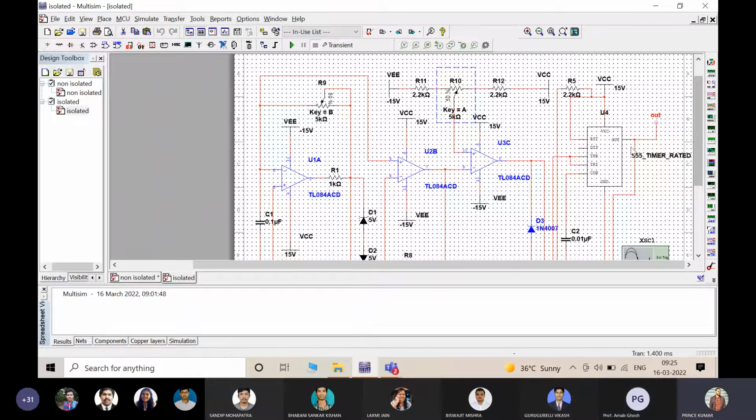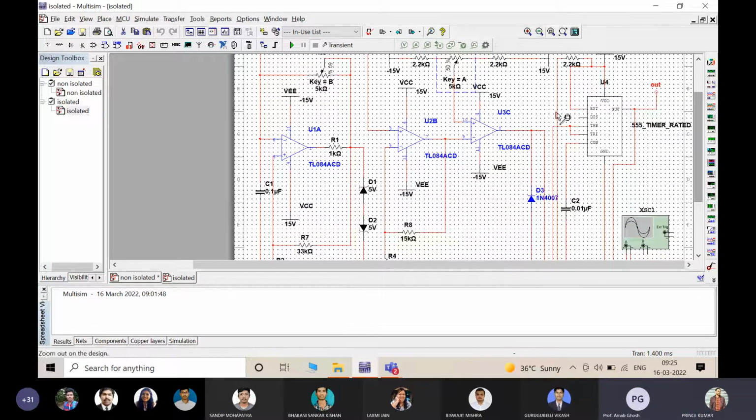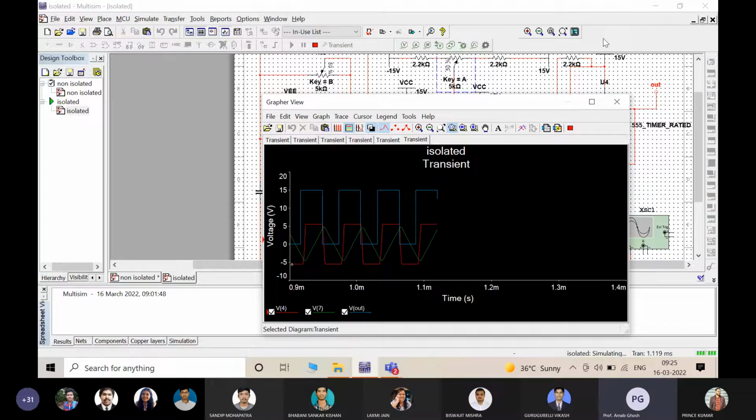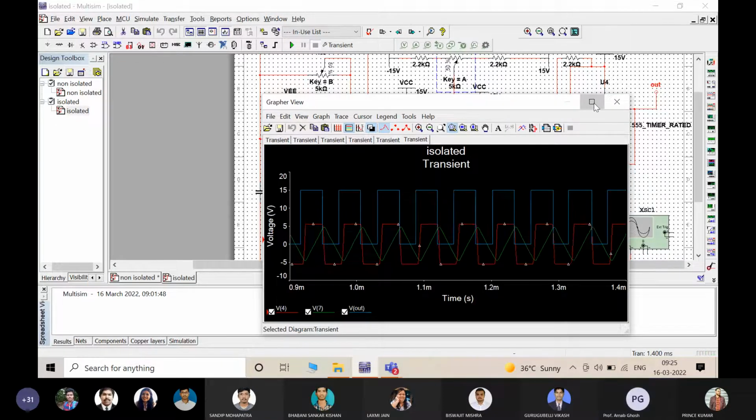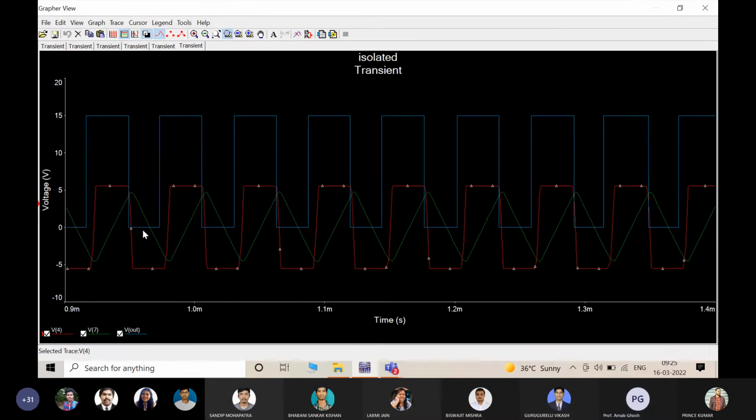Sir, this one is for non-isolated. Sorry, sir. This one is for isolated, sir. This is the waveform, sir.